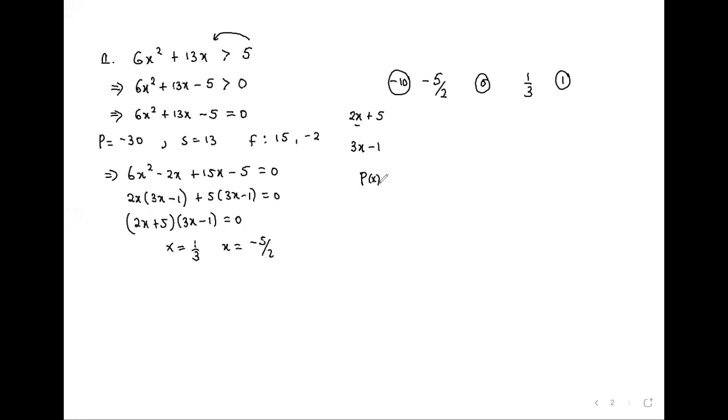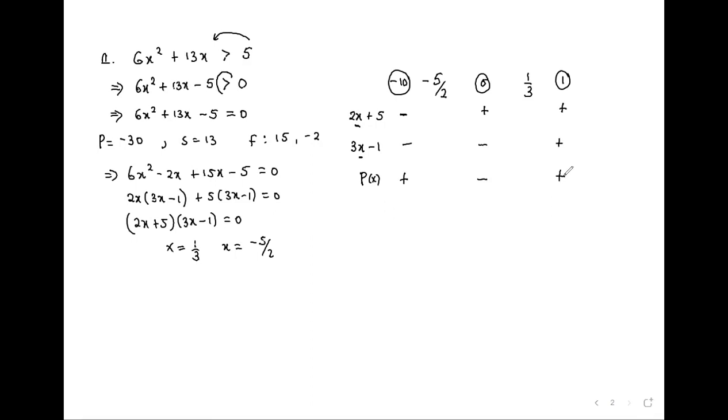If you take -10 here, you get a negative number. -10 here, negative number. When you multiply, you get positive. If you take 0, you have positive times negative, multiply, you get negative. If you take 1, you have positive times positive, positive.